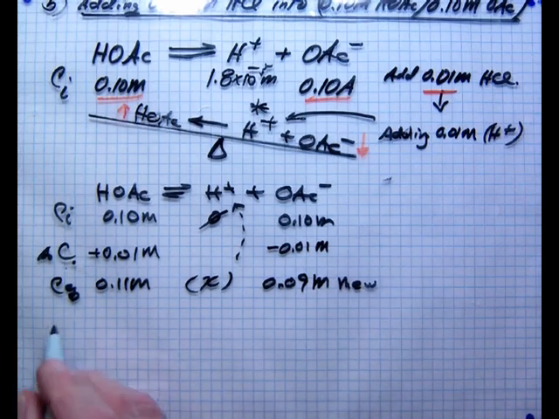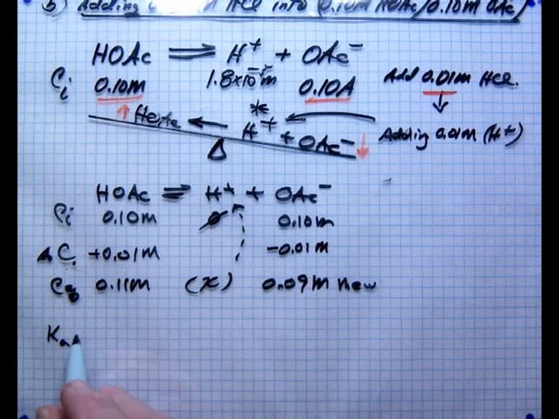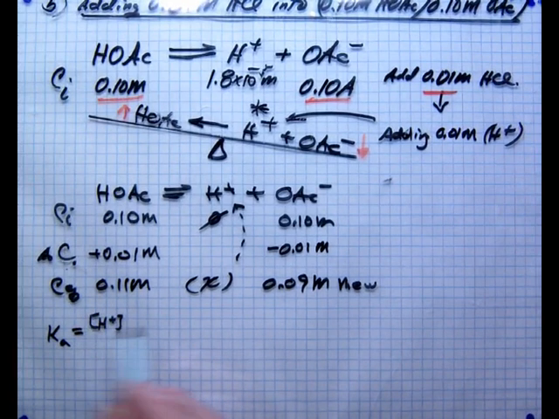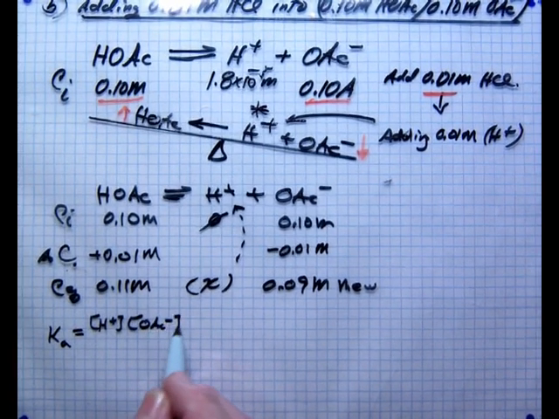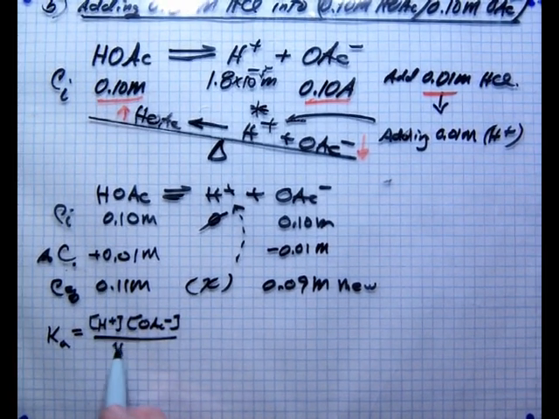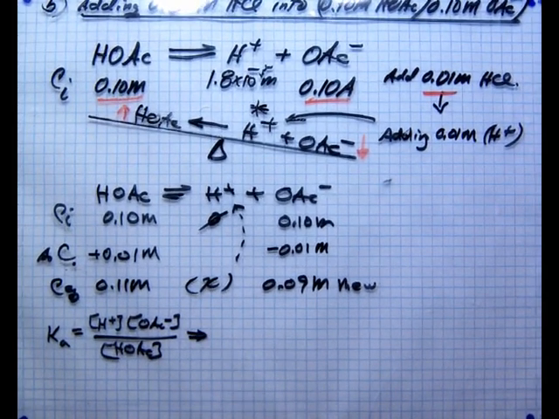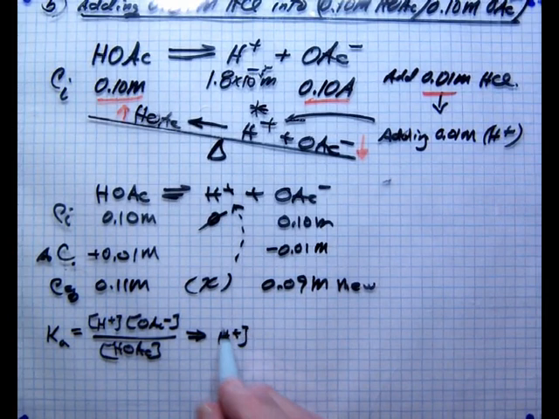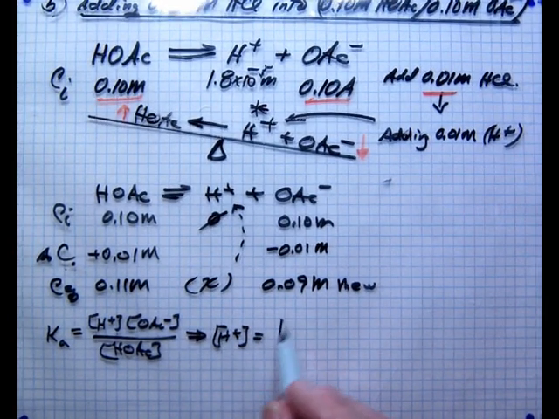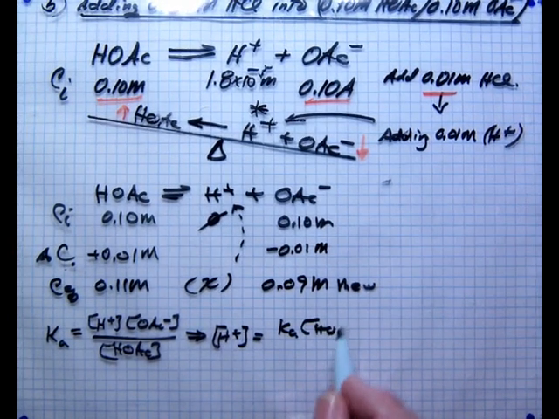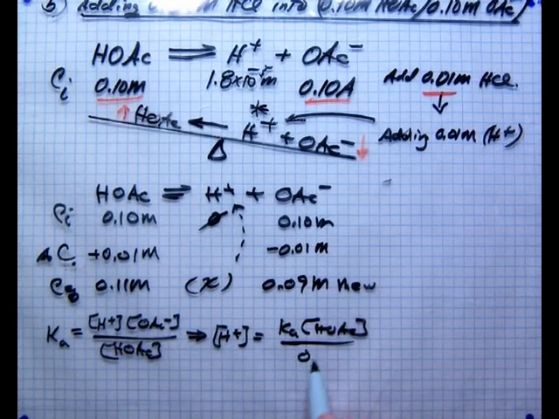So with the Ka expression now, we still use H+ times OAc- over HOAc, and this will give us a hydronium ion concentration equal to Ka times HOAc over OAc-.